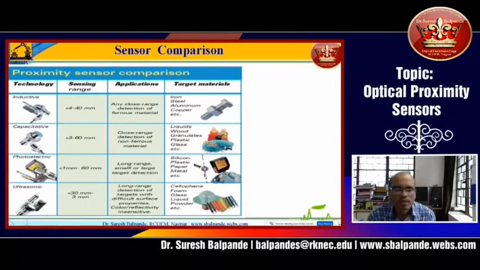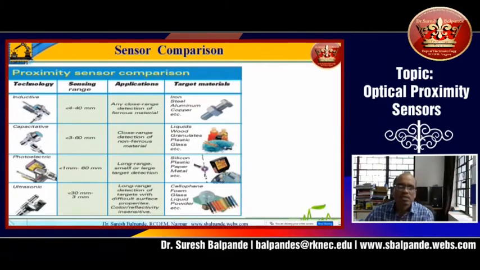From the time interval between the trigger at the beginning and at the end, you can easily calculate the distance, or whether the object is present or absent. That you can easily detect with the ultrasonic proximity sensor. Construction wise, please try to understand the internal blocks. I have given it for your self-study. Like cell phones also have this kind of ultrasonic sensor.